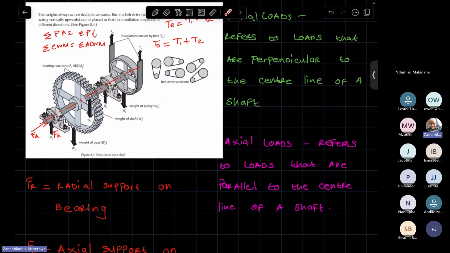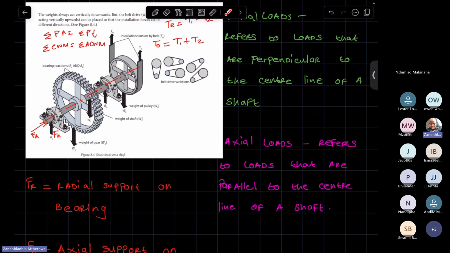Now, in applying conditions of equilibrium, you obviously need forces that are parallel to each other, or parallel to the Cartesian plane.